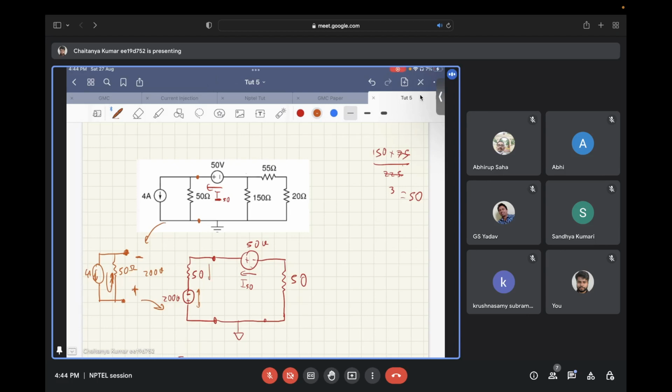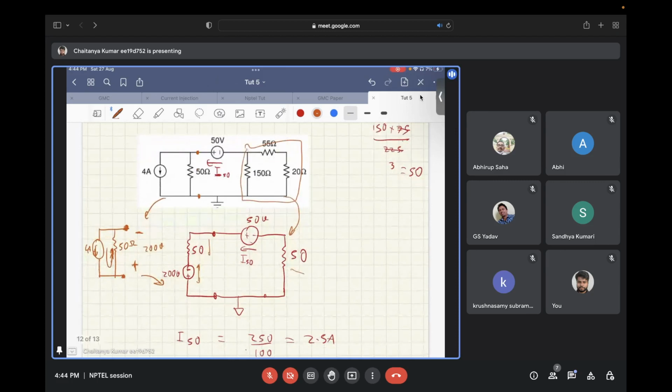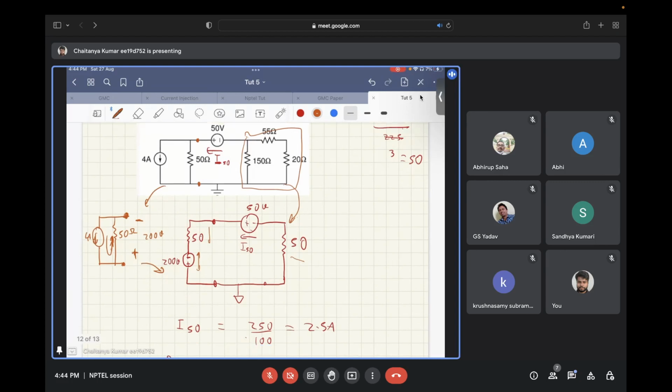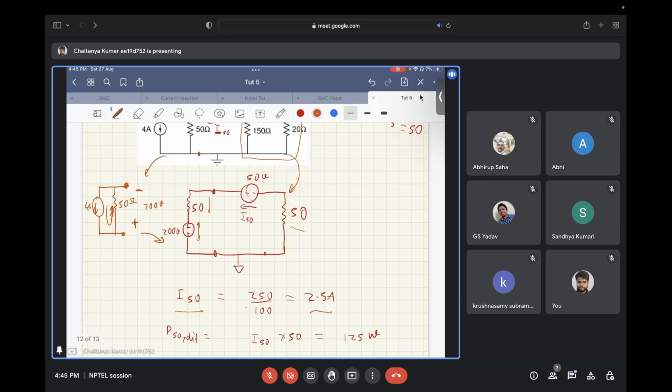And the right part of the circuit can be written as the equivalent resistance, so that comes out to be 50 ohms. Now, here you can easily apply Kirchhoff's voltage law in this loop, and from there you get the current flowing from the 50-volt voltage source as 2.5 amperes.